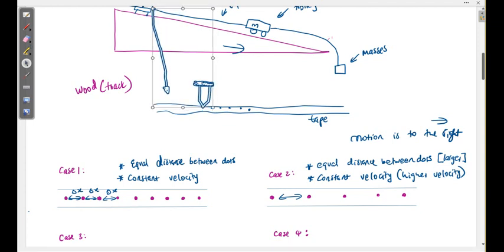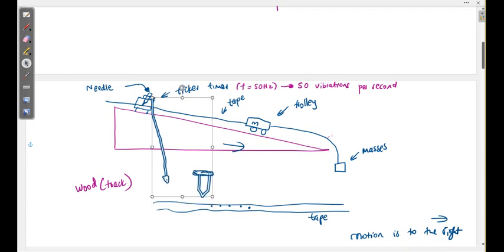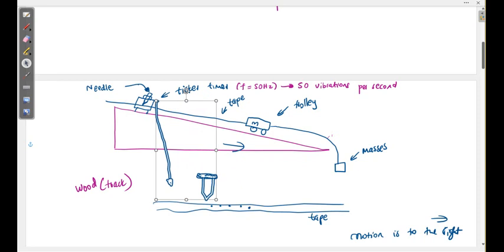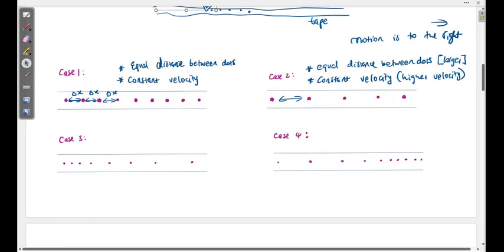Now, if down the slope the trolley is moving very fast, it will mean that between each dot there will be a larger space, because imagine this thing lifts and then the tape is very fast to move to the right, and then it makes a dot. Very fast to the right, and then it makes a dot. You understand me? So larger spaces between the dots means a higher velocity. Okay.